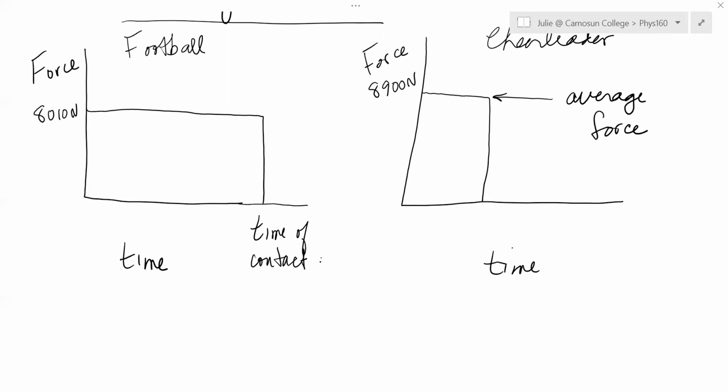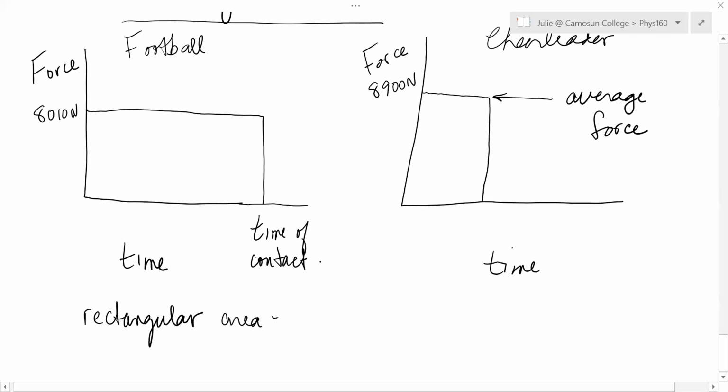Now, we're not going to have time to get to change in momentum in this course, but the rectangular area on the graph, it's an abstract quantity, but it's a mathematical representation of change in momentum, mass times change in velocity.